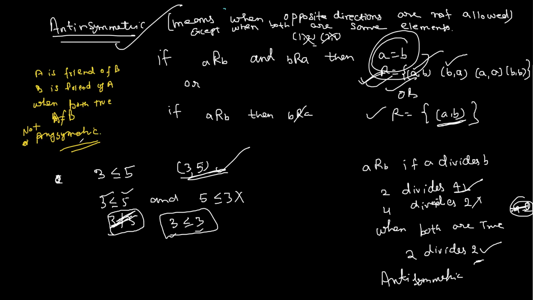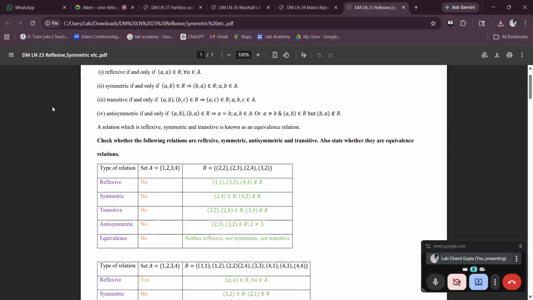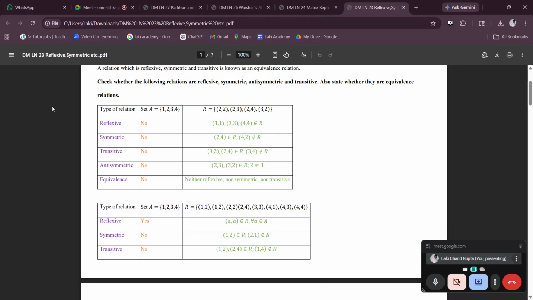Noted? How many elements are there? 4. So for reflexive, you must have what?